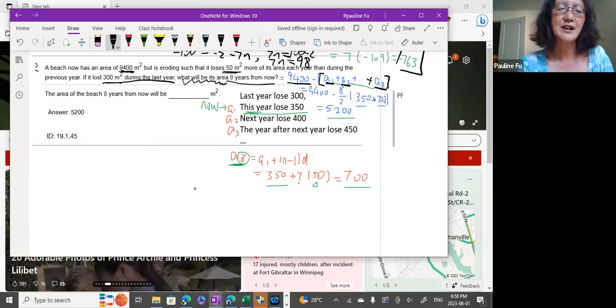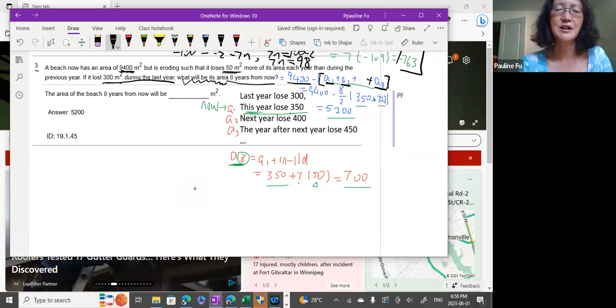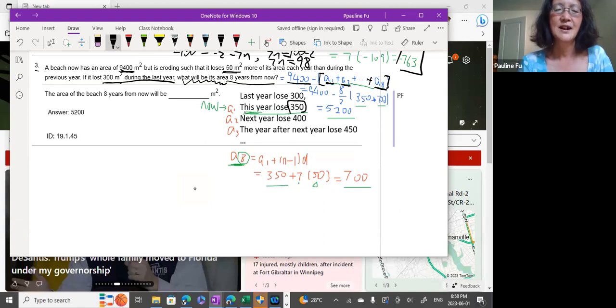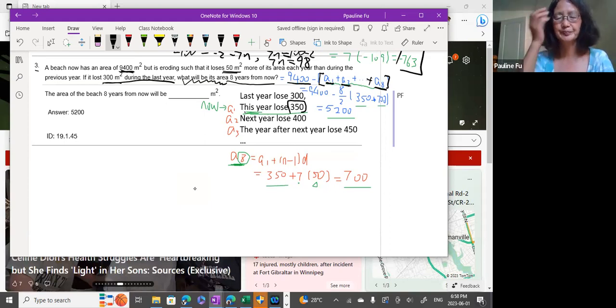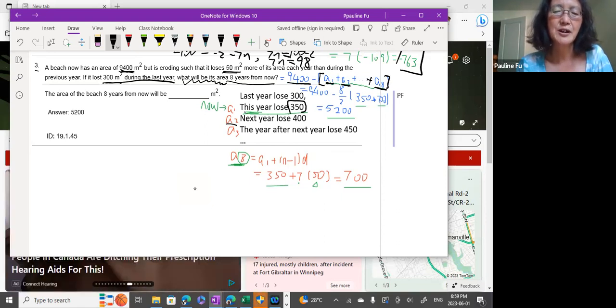If last year lost 300, what is this year? This year is 50 more than last year. So 50 plus 300, you get 350. That is this year, and we use A1. So A1 is this year lost, year 1. Next year we use A2. If this year you lose 350, next year we'll lose 50 more than this year.